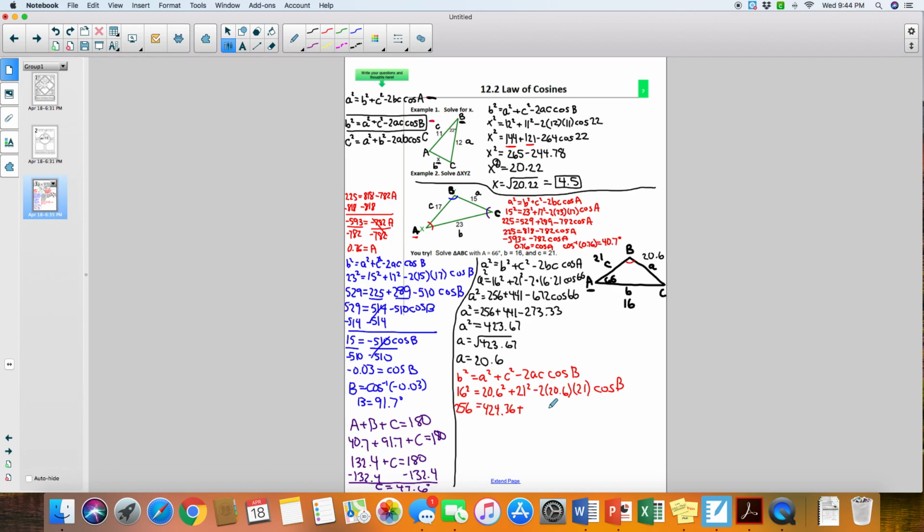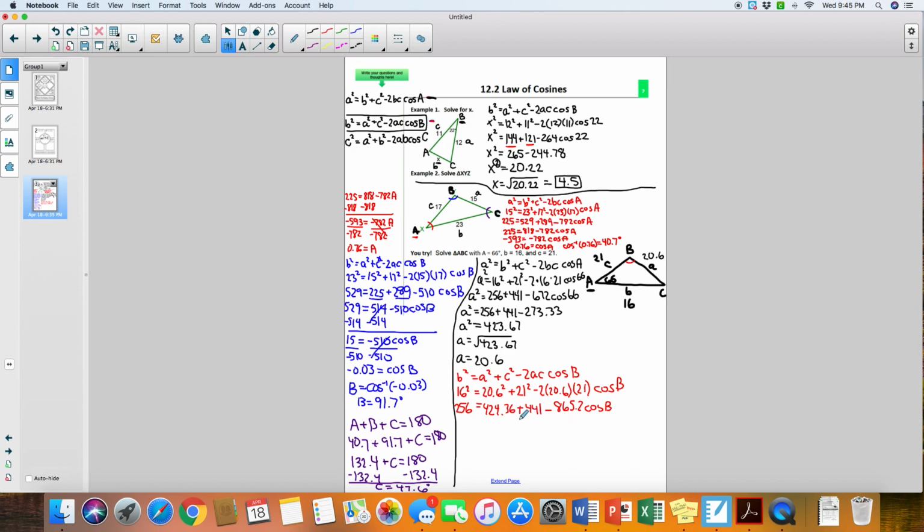Then I'll do 21 squared, which is 441. Minus 2 times 20.6 times 21, which is 865.2 cosine B.